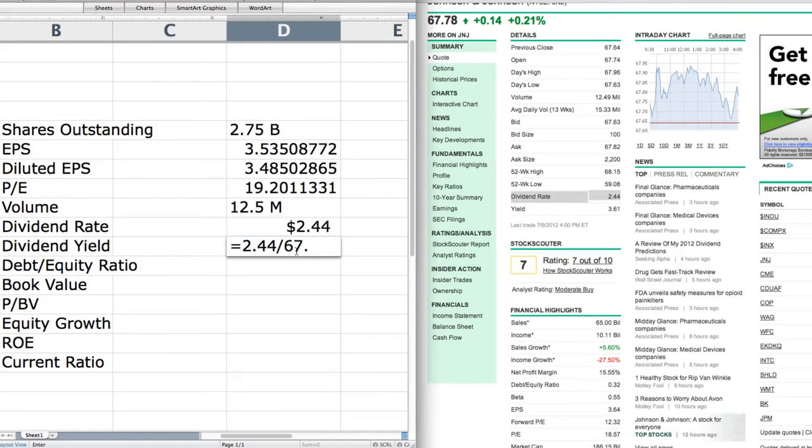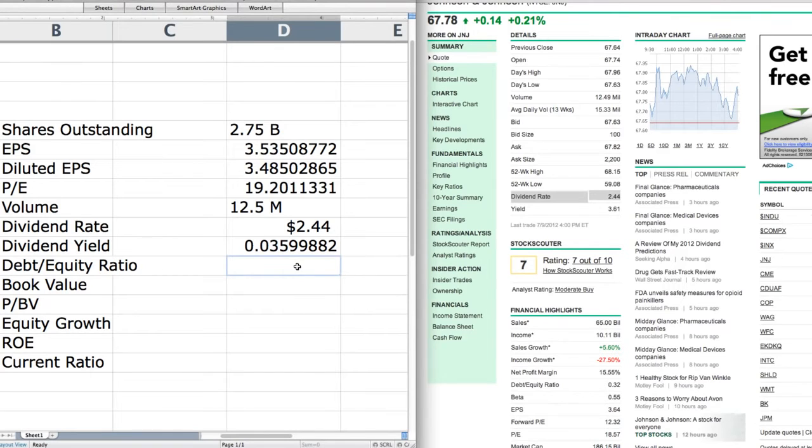So we hit enter, and it comes up as 0.03599. Okay, so this is a percent, and it's 3.59%. Over here you can see it just says 3.61. There's no percent sign here, so this can confuse people. They might think that the rate and the yield are the same, but they're very different. This rate is dollars. The yield is a percent.